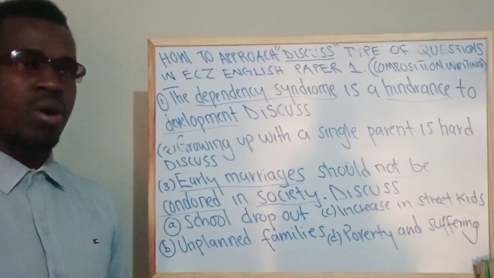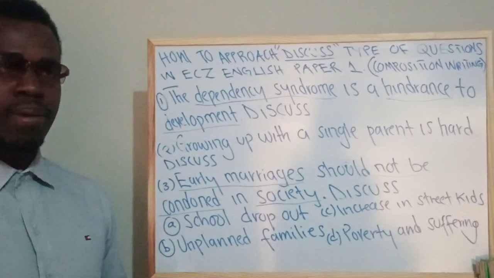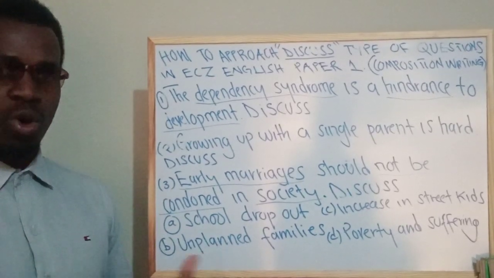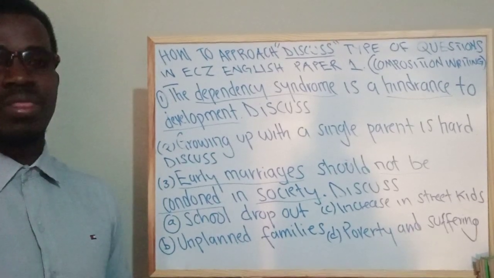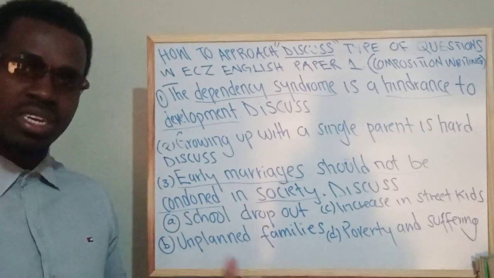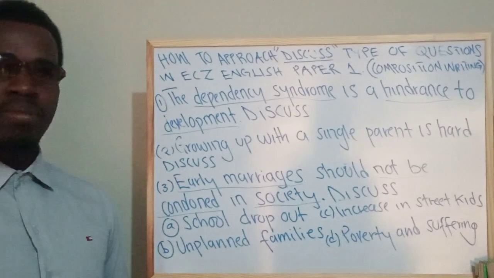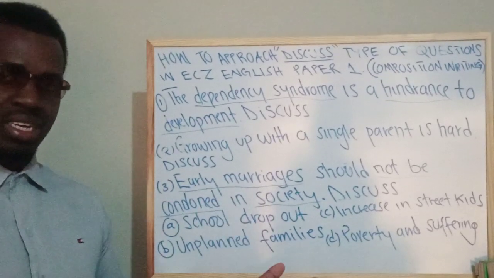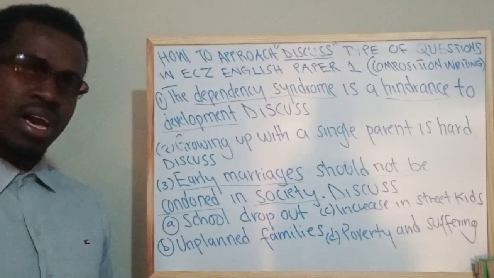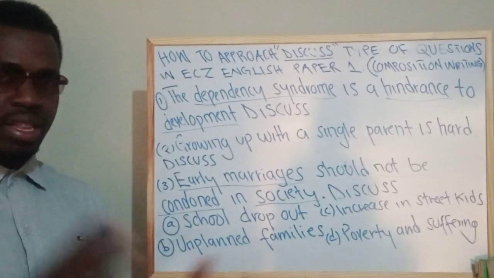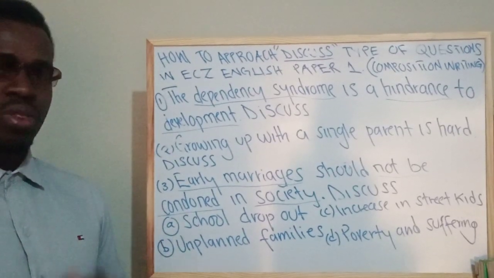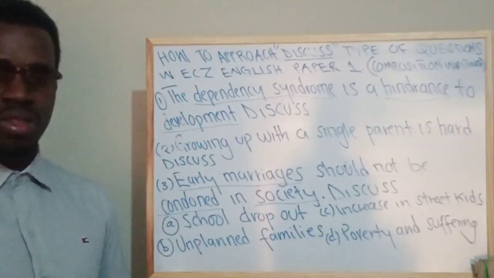We can also talk about how communities become dependent on other communities or government officials or just government. Then we can also talk about how nations become dependent on other nations. For example, Zambia with its relationships with other countries like China, the United States, and so on and so forth.